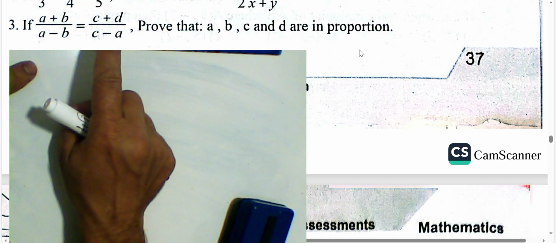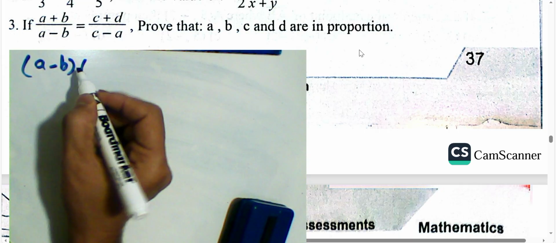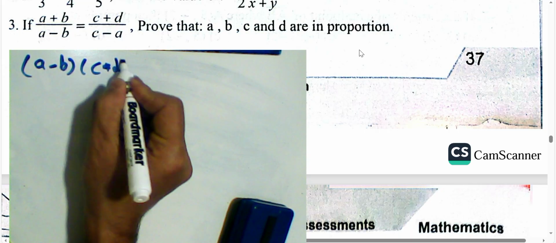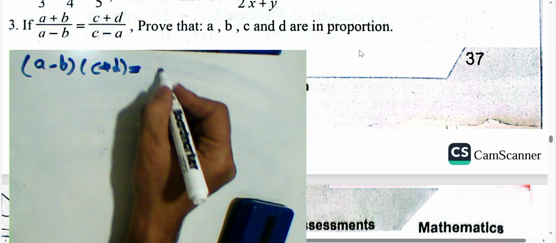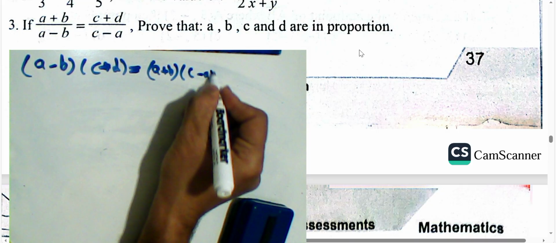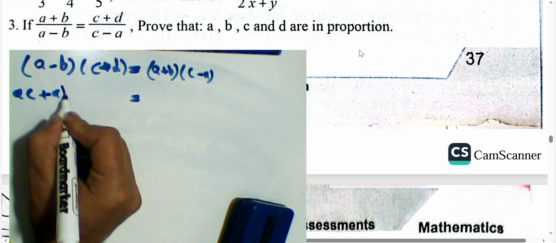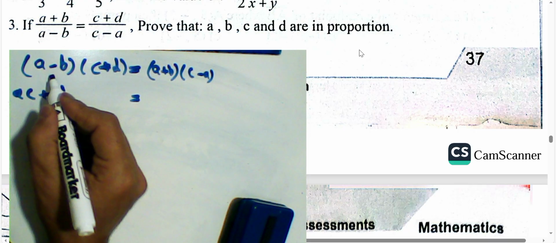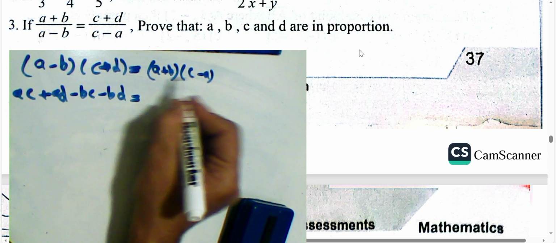A minus B times C plus D, product here, A minus B, product by C plus D, it's equivalent to A plus B times C minus D. Then A times C, it will be AC. A times D, it will be AD. Negative B times C, negative BC. Negative B times D, negative BD. A times C, AC.